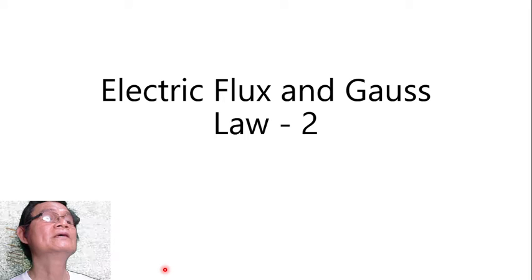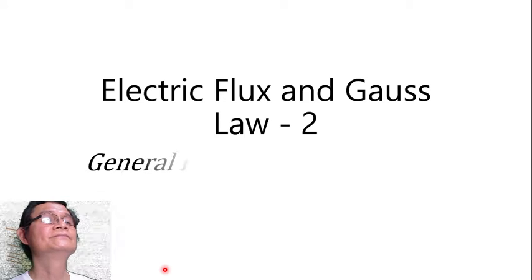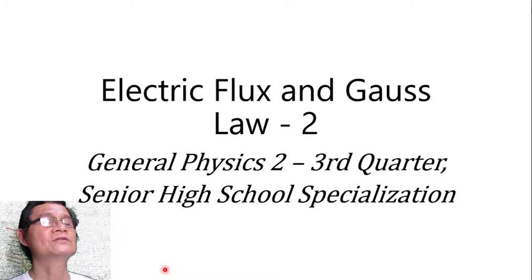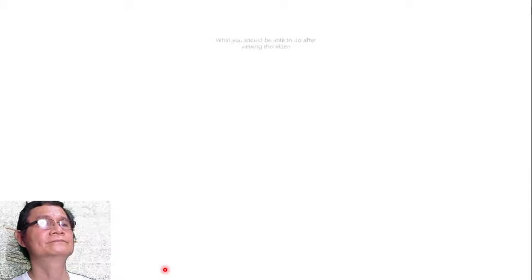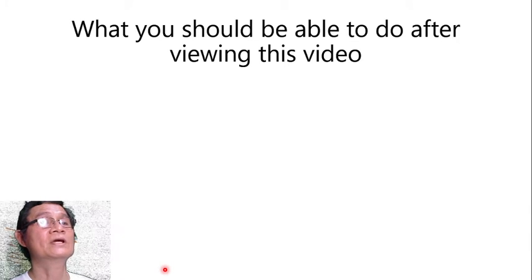Okay, so our topic for today is electric flux and Gauss law, part 2, the continuation of this lesson. Part of the General Physics 2 third quarter for senior high school specialization subject. And of course, these are the objectives.